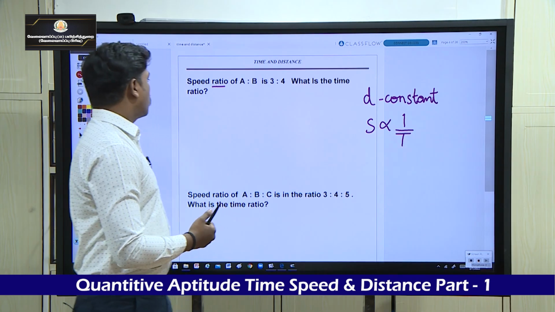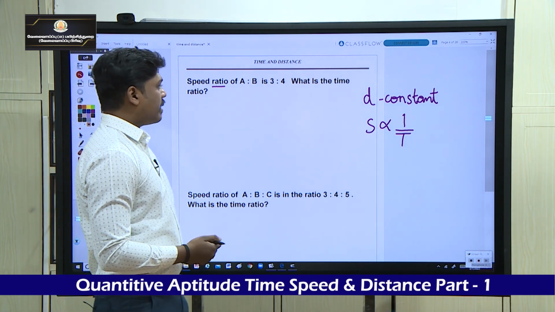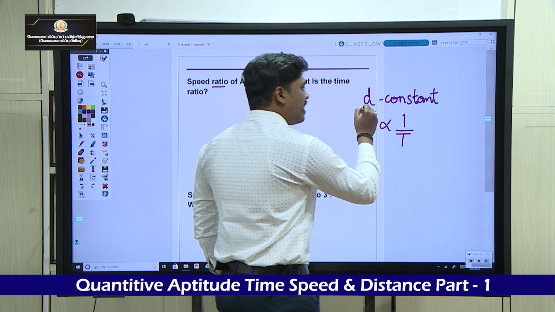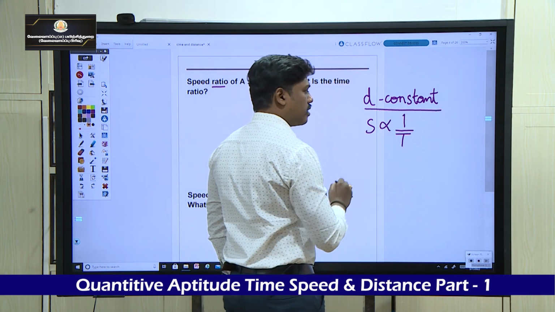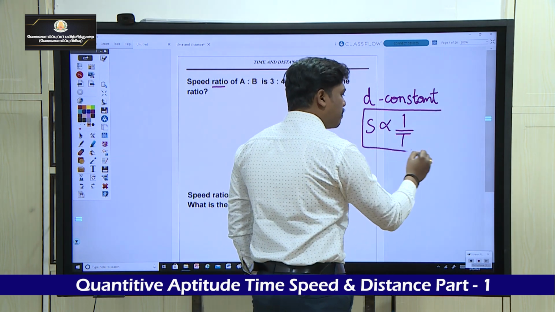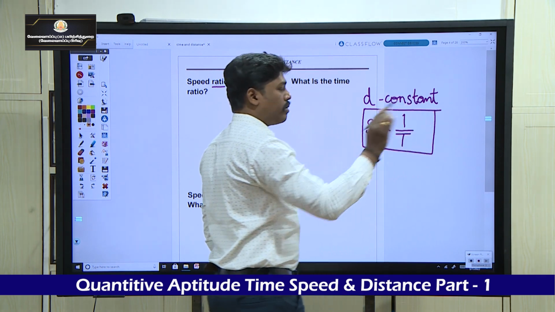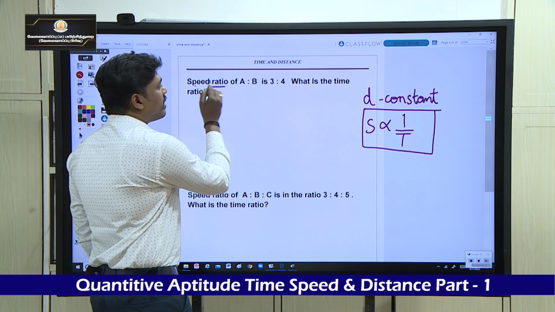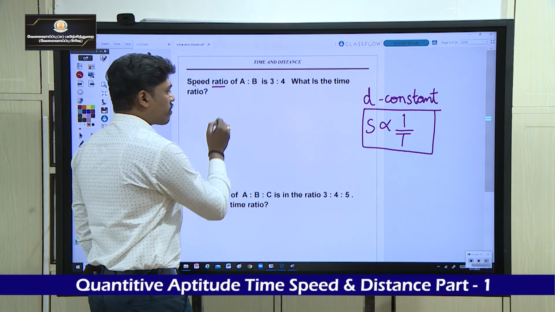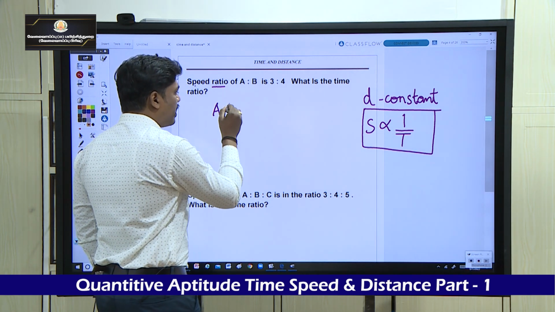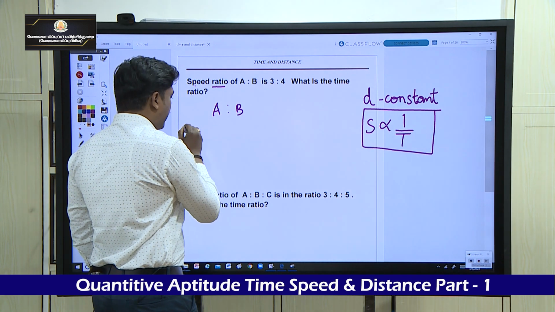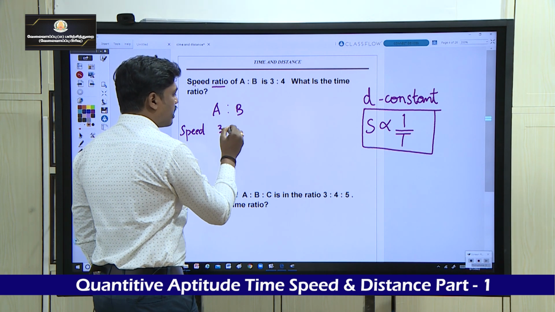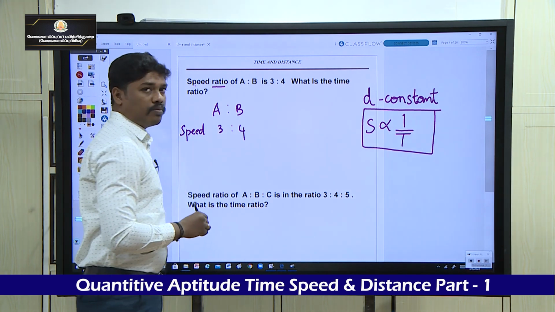Okay. So look at one basic example based on those concepts. When distance is constant, so what can I tell? Speed is inversely proportional to time, which we saw previously. Now look at the speed ratio of A and B. A is to B, the speed ratio is 3:4.